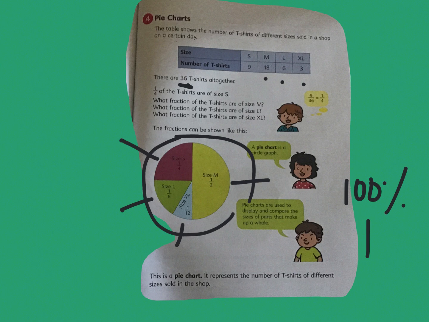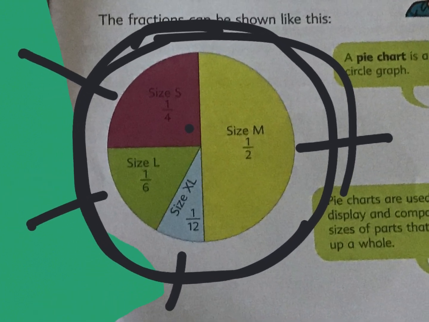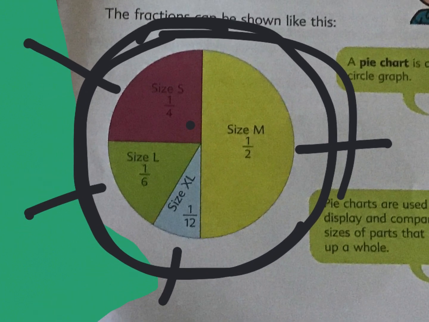One thing that I failed to mention is that in a circle graph or a pie chart, notice 1/4. What type of angle would be at 1/4? Do you know what angle that is? Most of you would think it's a right angle, 90 degrees.